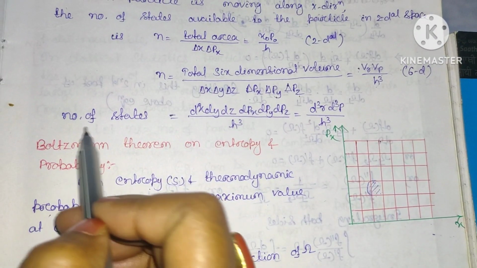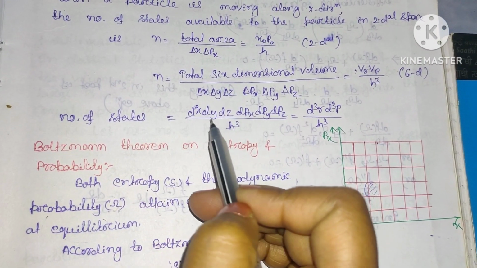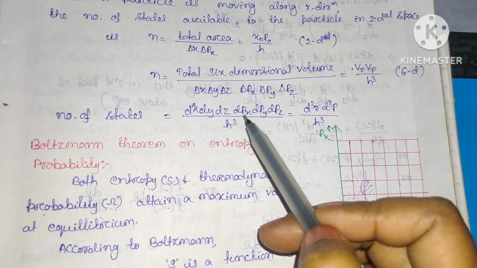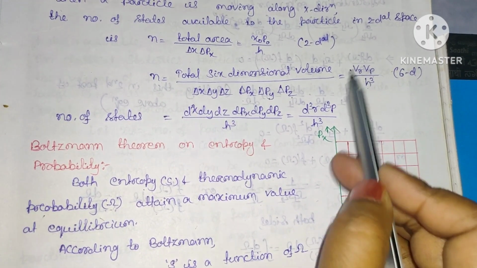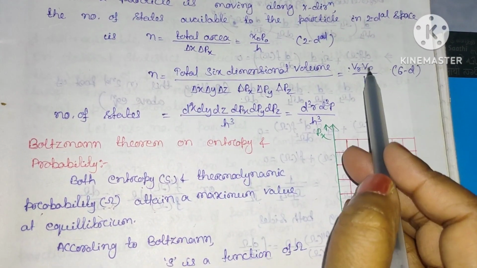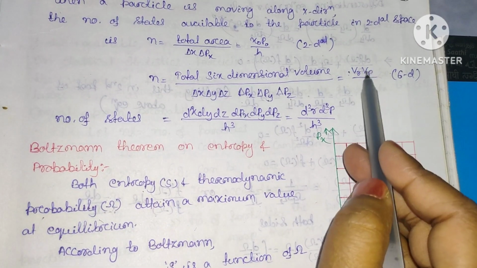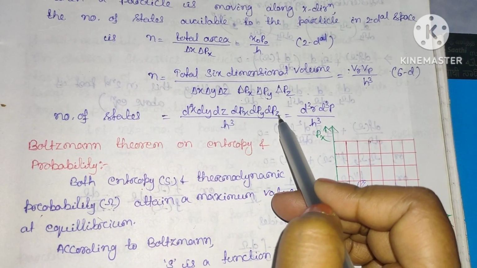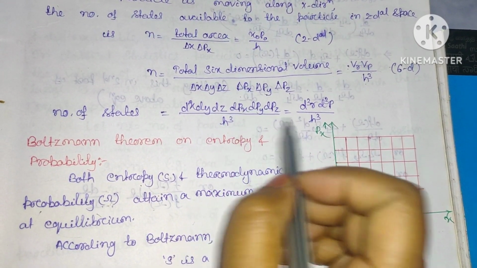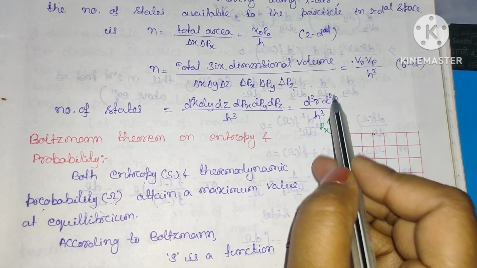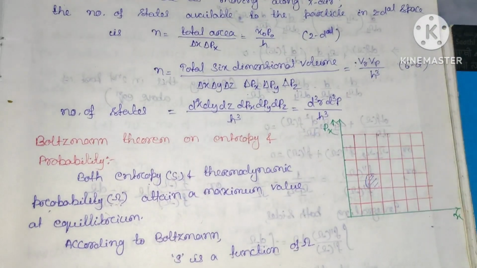So the number of states will be dx dy dz, this is your volume for position, and for linear momentum the volume dpx dpy dpz, divided by h cube. So this can be written as dq_r dq_p divided by h cube.